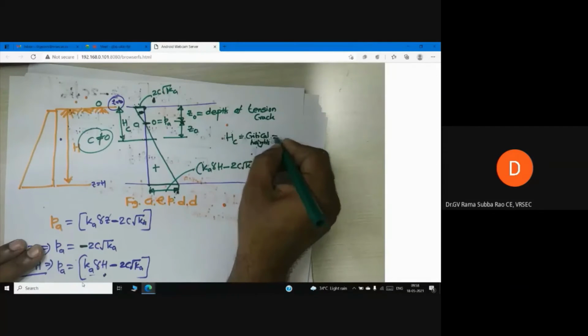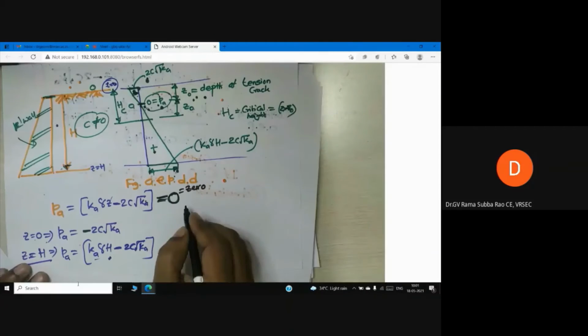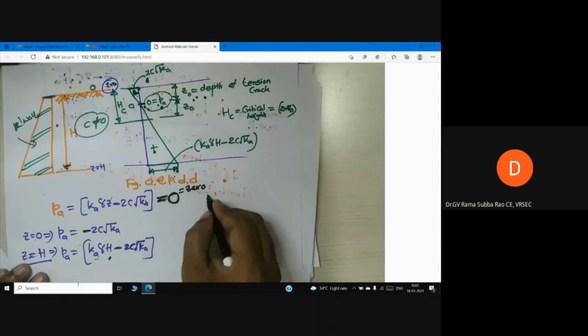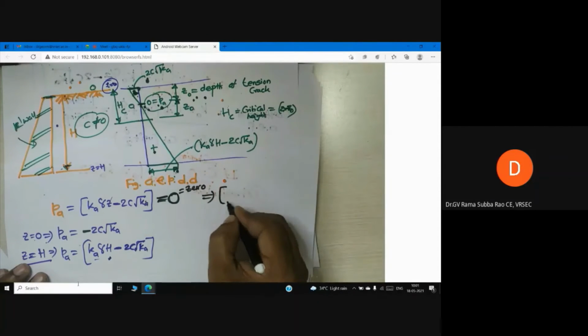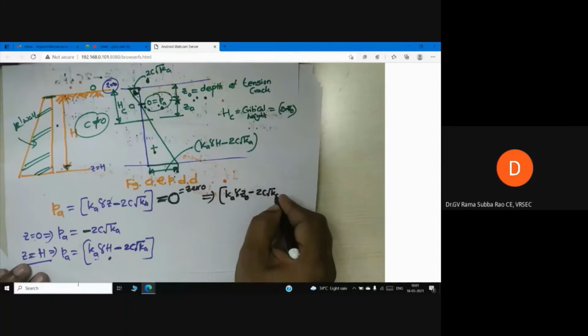Once Pa is 0, I am supposed to write like this: Ka gamma Z naught minus 2c root Ka is equal to 0.